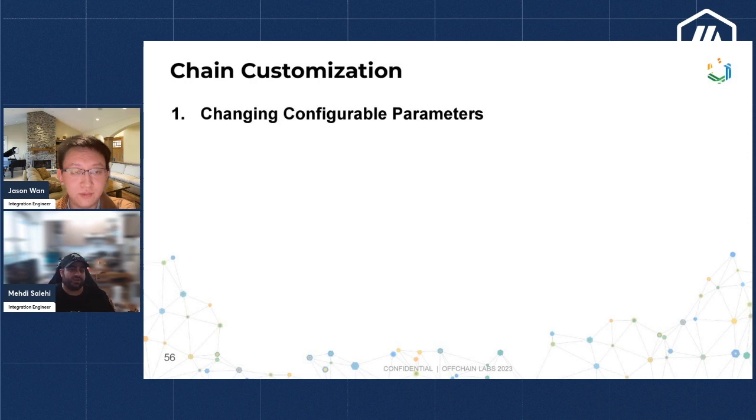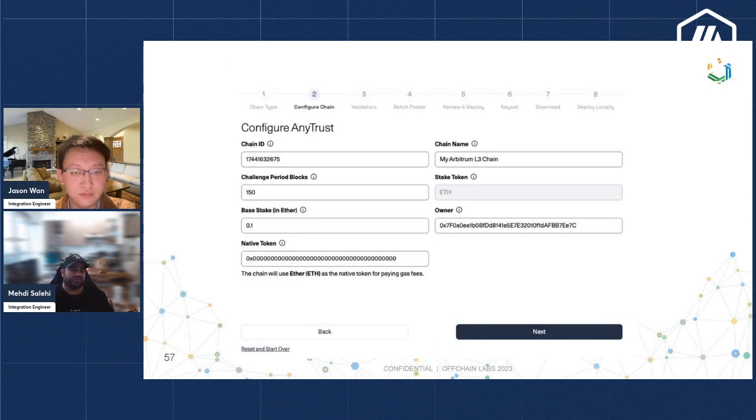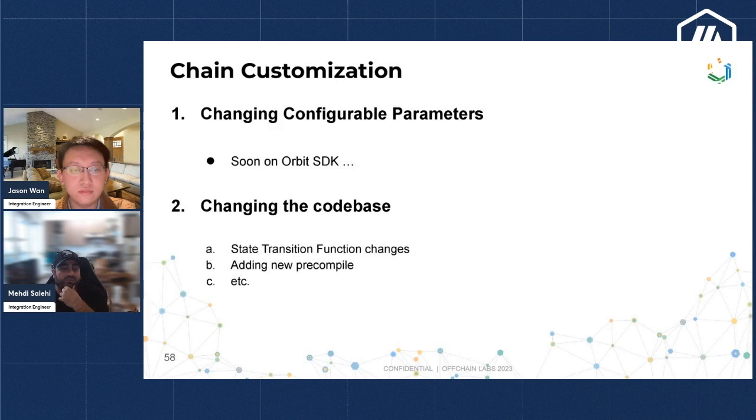One is changing configurable parameters, of which there is a minimum set here, but there are lots of other things that can be configured easily by changing one thing in the code for setup, or after setup by calling a setter function to change it. As I said, we will have it soon in the Arbitrum SDK.